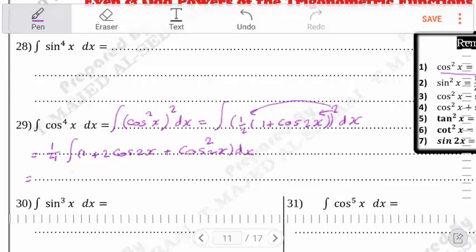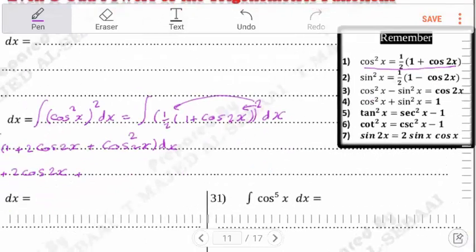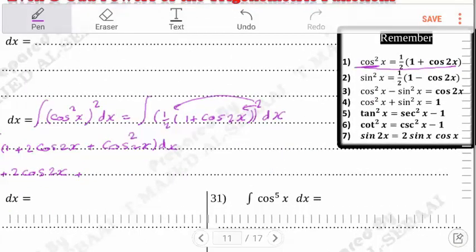Equal 1 over 4 integration 1 plus 2 cosine 2x. I didn't change all of these: the quarter, the 1, the 2 cosine 2x, plus cosine squared. I will also use the same rule, rule number 1.